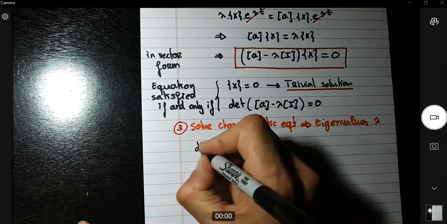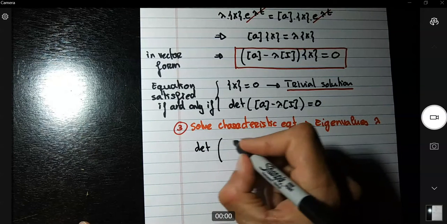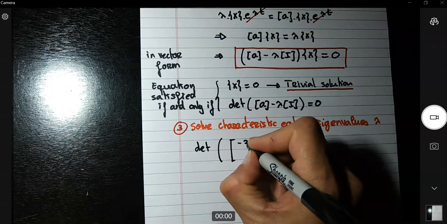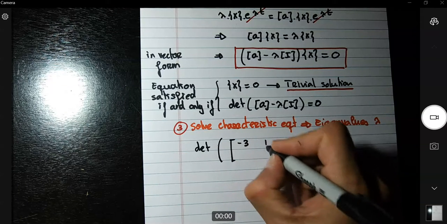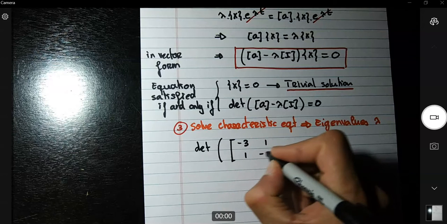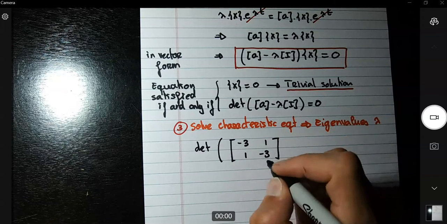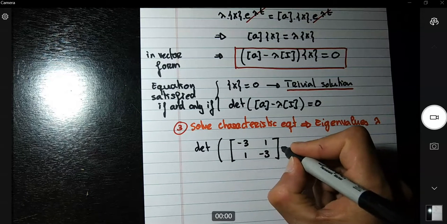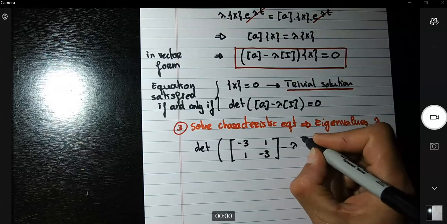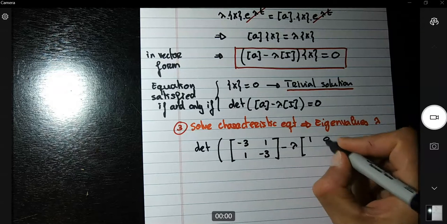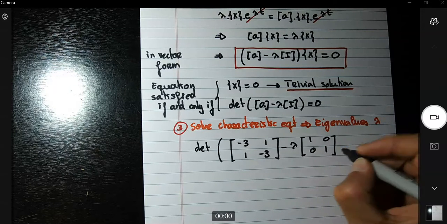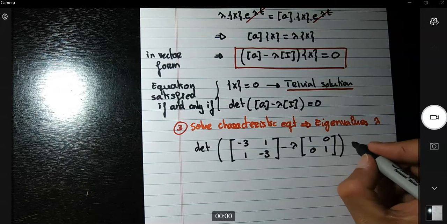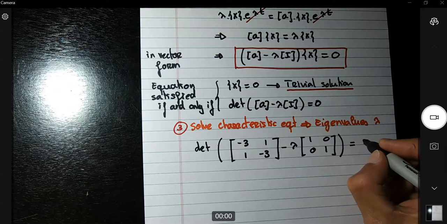We have the determinant of the matrix A, which is equal to -3, 1, 1, -3, minus lambda times 1, 0, 0, 1, equal to 0.